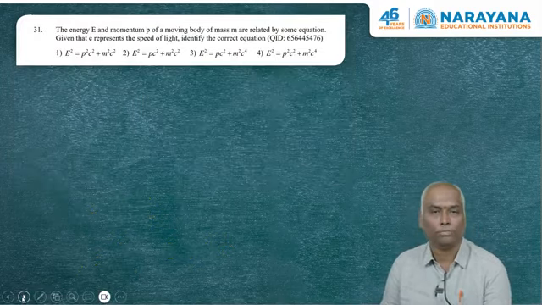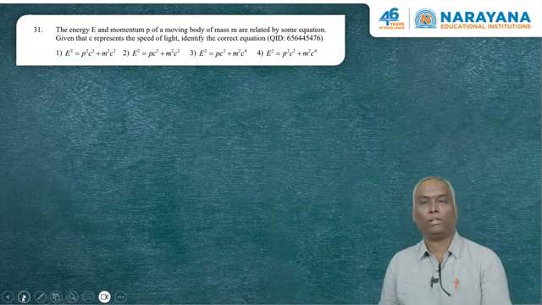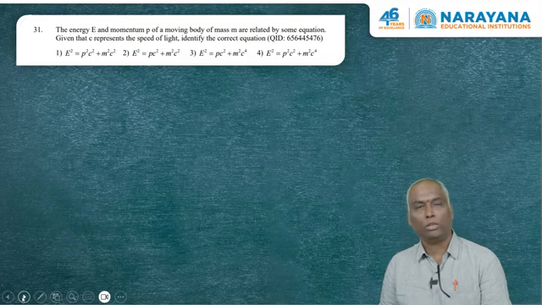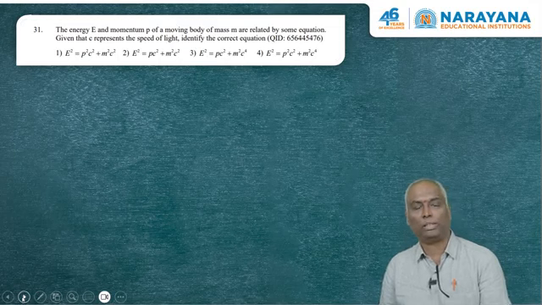Question number 31. The energy E and momentum P of a moving body of mass m are related by some equation. Given that C represents the speed of light, identify the correct equation. If you look at this equation, there are mainly three terms involved: E, energy; P, momentum, along with C, which is nothing but the speed of light; and mass and speed of light.